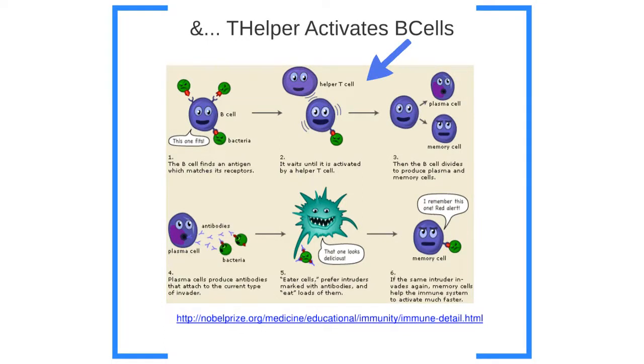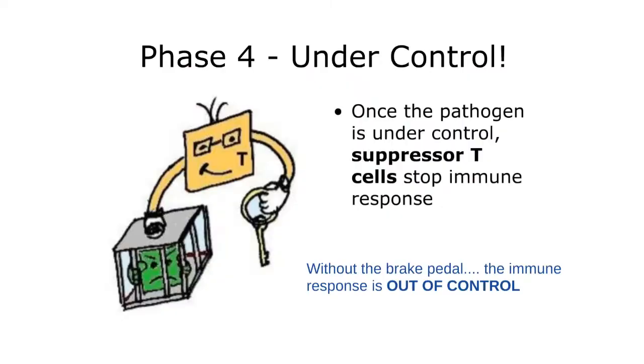And then once those antigens are identified, they're crushed, killed, and destroyed. Once the immune system has that response under control, then another T cell, known as the suppressor T cells, will turn down that immune system.